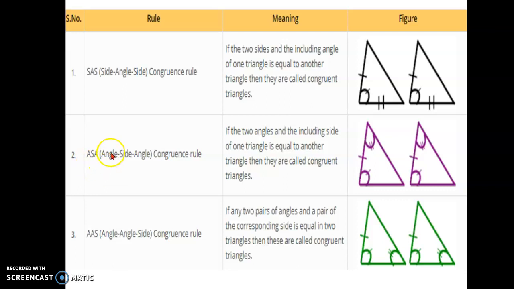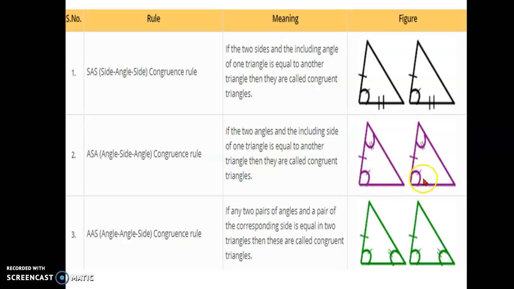Then ASA, that is the angle side angle congruence rule. If two angles and the included side of one triangle are equal to those of another triangle, then they are called congruent triangles. This is angle number 1, so angle 1 is equal to angle 1 of this triangle.